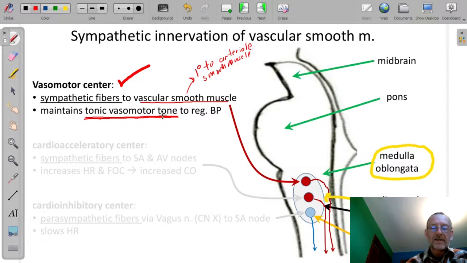So again, this is where we are regulating the vascular diameter to regulate blood pressure. I hope that makes sense. We will come back to it many times. Sympathetic nervous system regulates vascular smooth muscle.